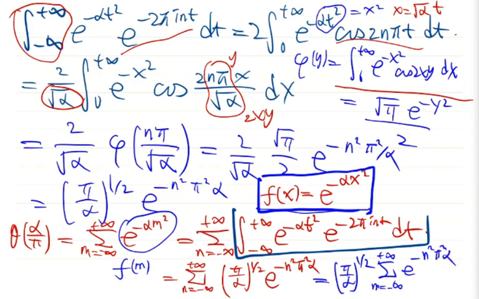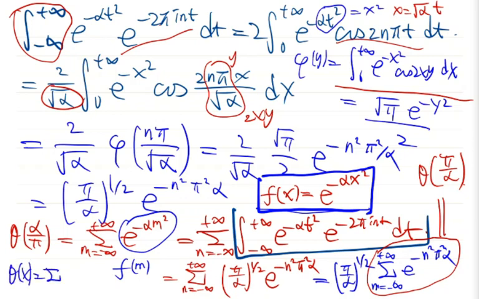But this is just theta at the value pi over alpha. By the definition of our theta function, this summation is just theta of pi over alpha. Our theta x, I write it here: theta x is the sum of exponential minus pi n square x.